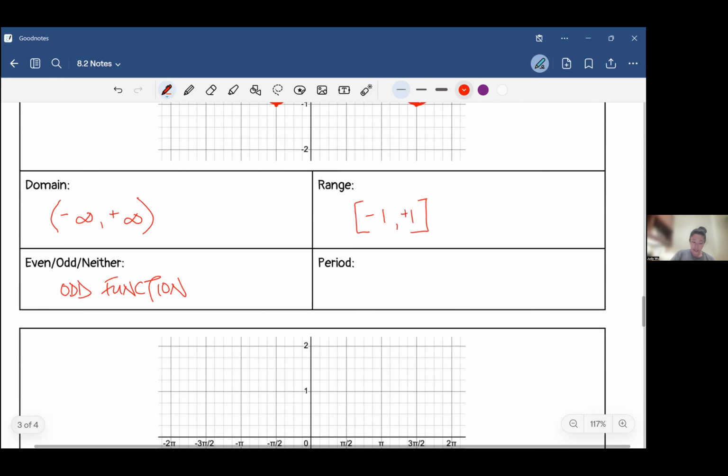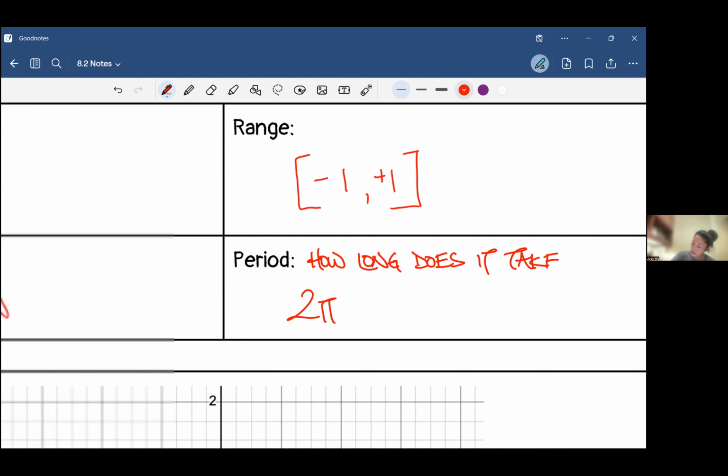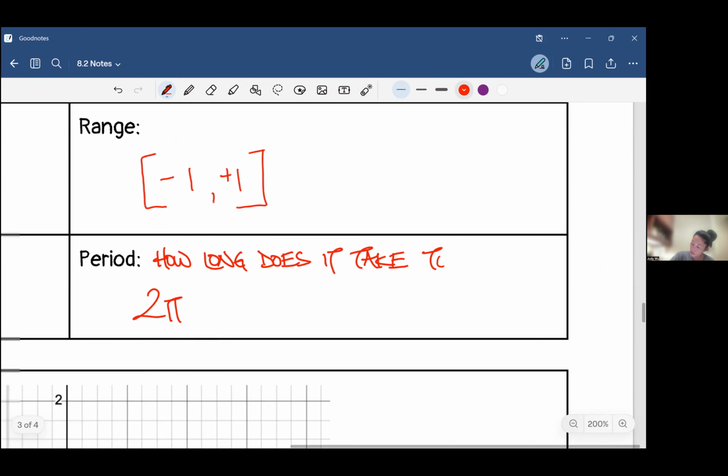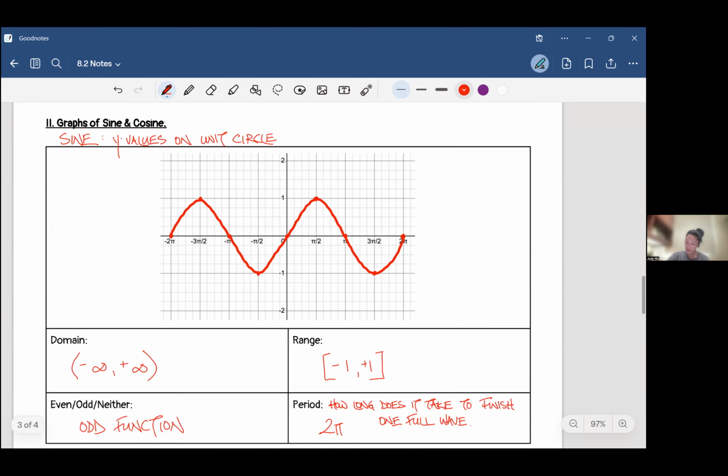So what that means is my period is 2 pi, okay? And we can write down for ourselves how long does it take to finish one full wave? Okay. All right.